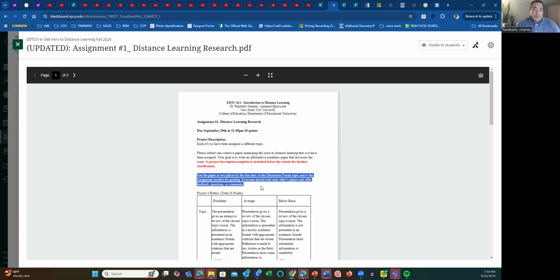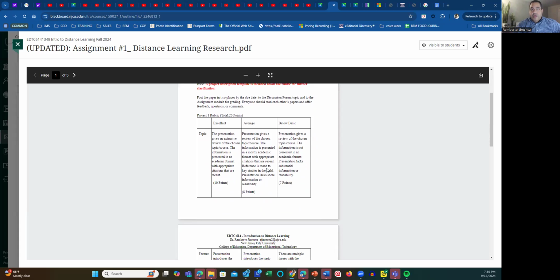So during week 4, you're going to post your paper in the discussion board as well as uploading it into the assignment in the week 4 folder. But what's more important for right now, it is due on September 29th at 11:59 p.m., worth 20% of the overall grade.